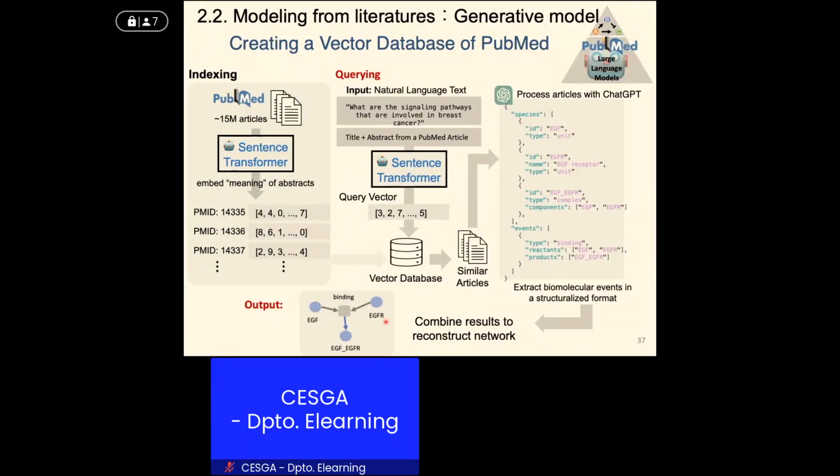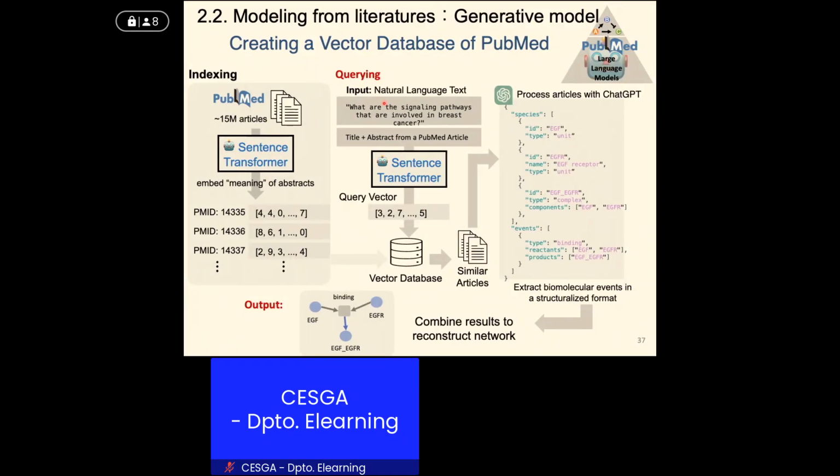So the next thing we are doing is to extend this method, because here we just used one single paper to make a model, but that is not the case in the usual modeling procedure. So in this case, Kiwamu tried many things, and he decided to make a vector database from PubMed. The information that can be taken from PubMed is only the abstract. An abstract is made of 10 sentences or so, and we process those sentences through a sentence transformer and make a vector database.